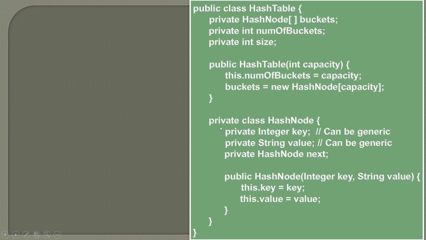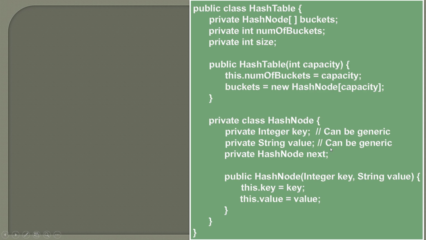And internally our hash table is using the hash node class, which we already discussed, that it has a key and a value and a reference to the next hash node. Here we are taking key as integer and value as string. This can be any generic type, but for the understanding and demonstration, I will be using the key as integer and the value as string.